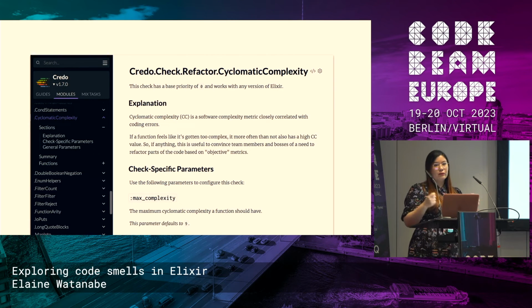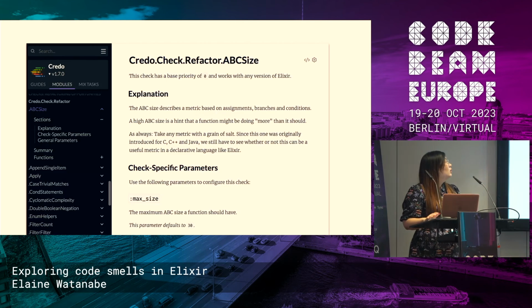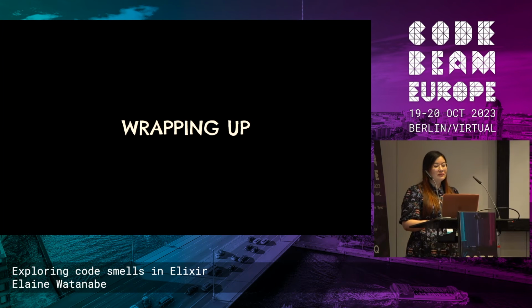Not sure if it was a configuration, but maybe something that we can discuss as a community. Other metrics, like the ABC software metrics, were designed for object-oriented programming, but maybe they don't represent functional programming well. Maybe we can find another metric.